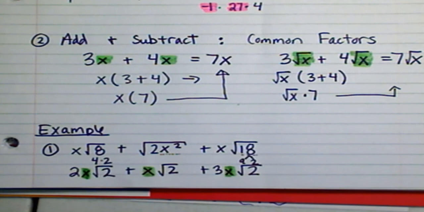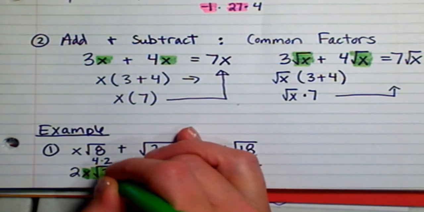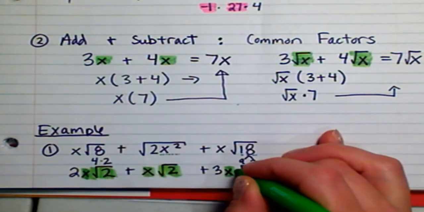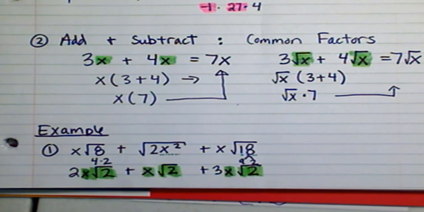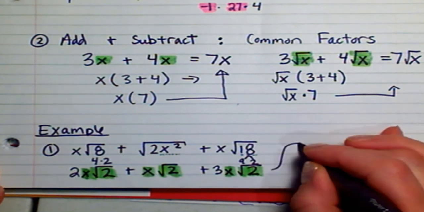Okay, I see the common variable. But I see something else that's common to every single piece. Now, when we're looking for that common factor, it's kind of like the GCF, the greatest common factor. We're looking for everything that's the same.